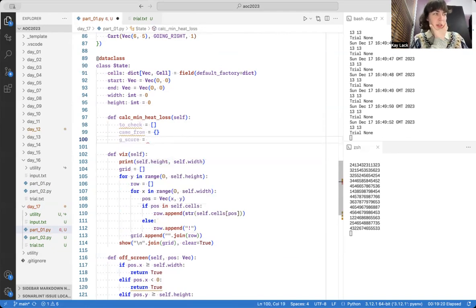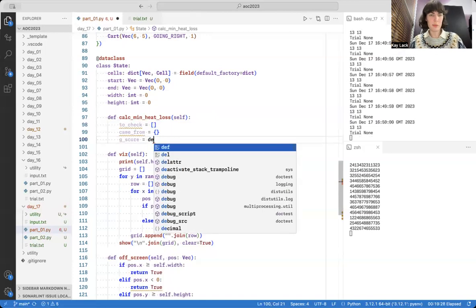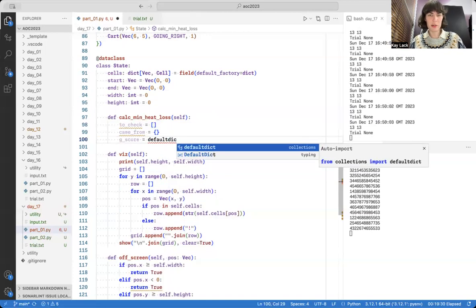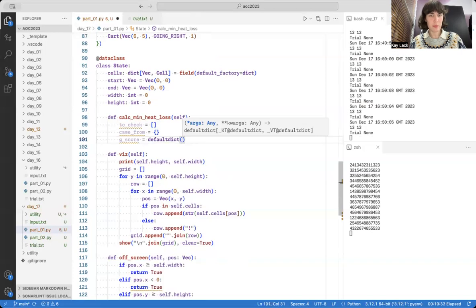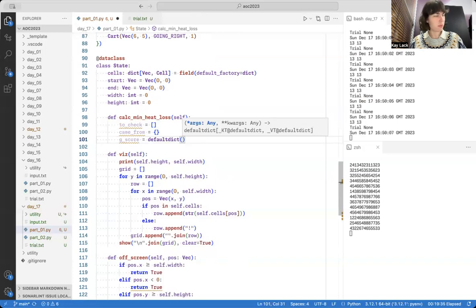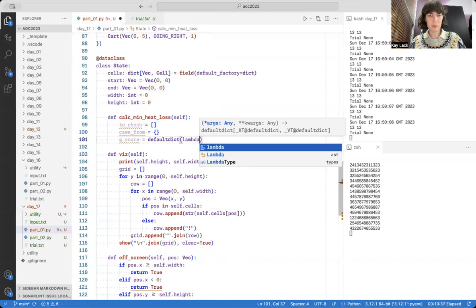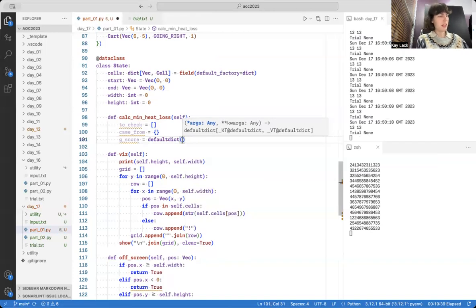Now, G-score is the cost of the cheapest path from start to end currently known. Okay, I'm going to go with default dict. Now, what is infinity in Python?